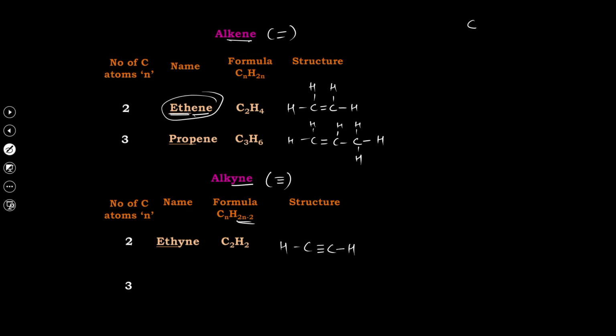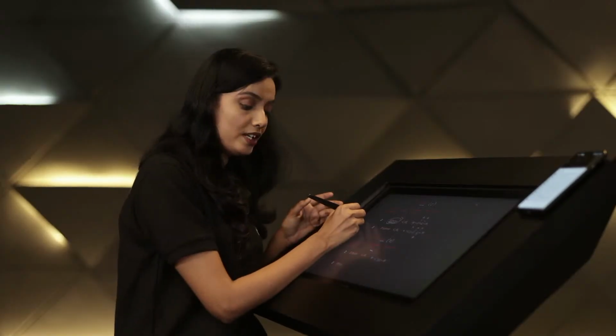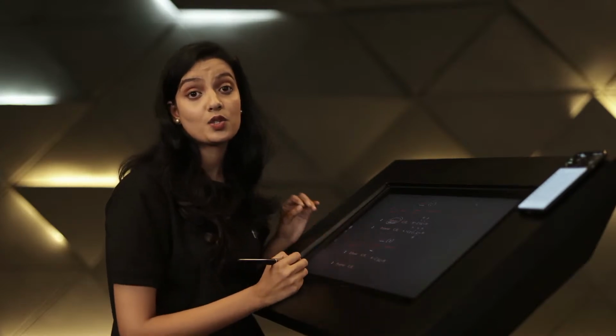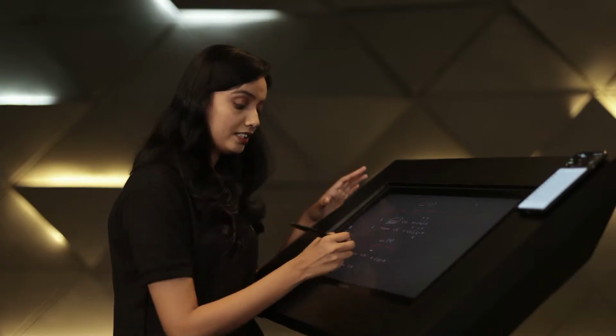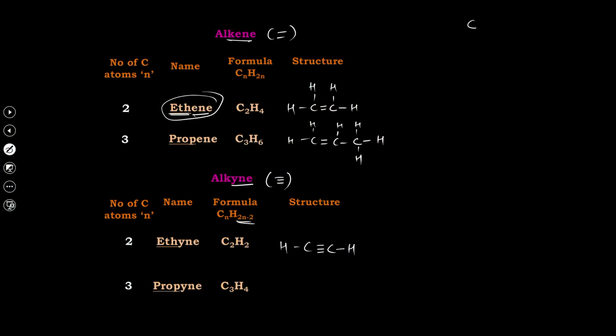Now, if the value of N is 3, the formula we get is C3H4 and the name will be propyne. We have to add the suffix -ine in case of alkynes. Here we need 3 carbon atoms, so 1 triple bond should be present between 2 carbon atoms.